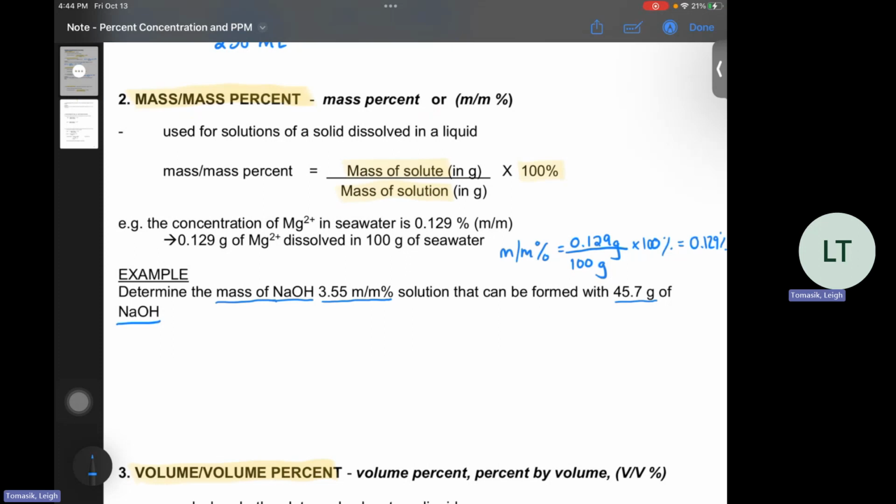So what do we know here? They want us to find the mass of NaOH, which is the mass of the solute. They're giving us the mass to mass percent, and they want the mass of the solution.